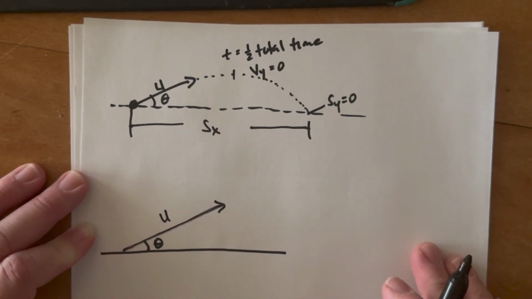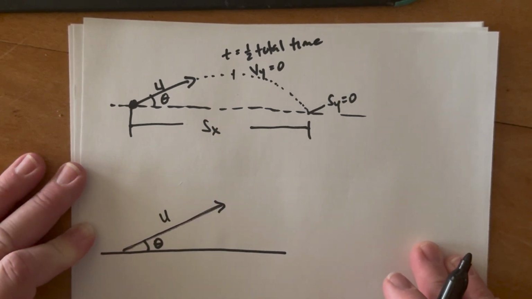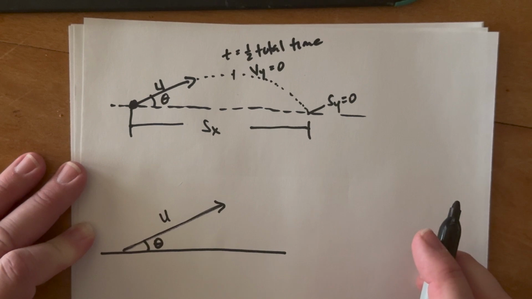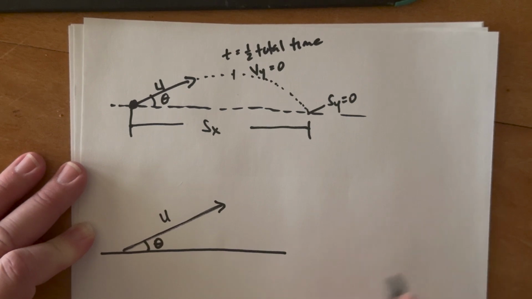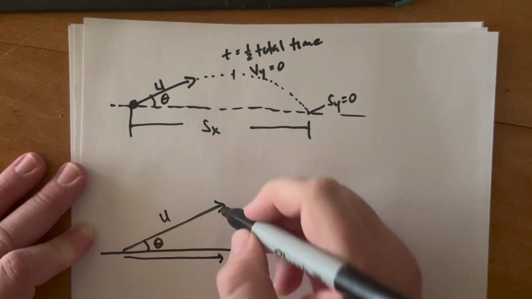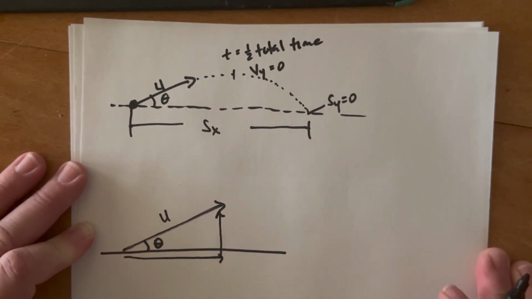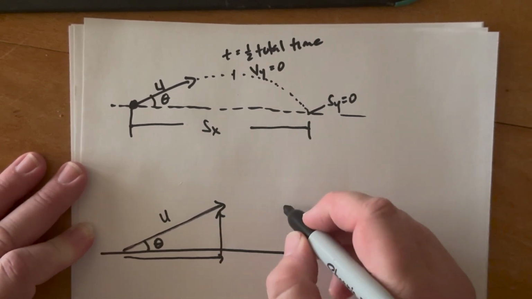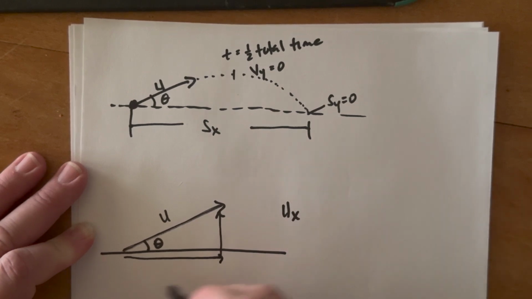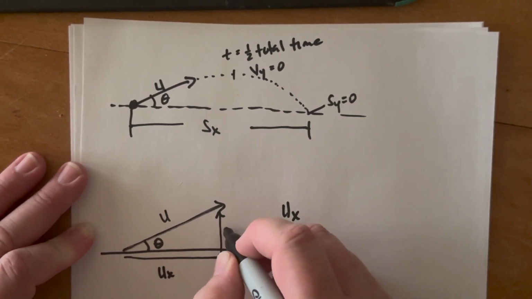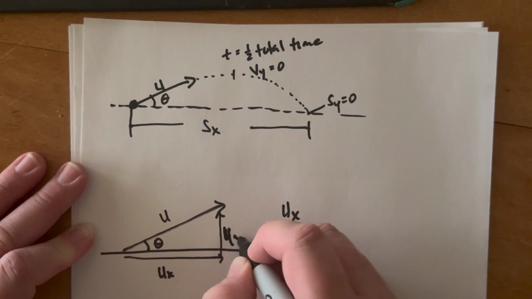If we look at our throw here, which is our initial velocity of u, we can break that into what's happening in the x direction and in the y direction. We know our angle here. We can have our x direction, which is coming this way, and our y direction, which is going up this way. If we look at the way that our triangles go, let's label these: u in the x direction and u in the y direction.